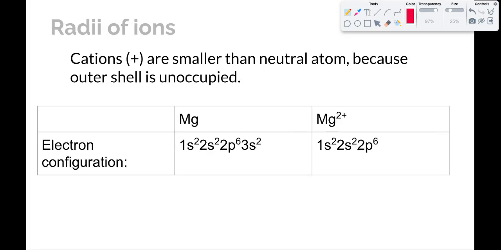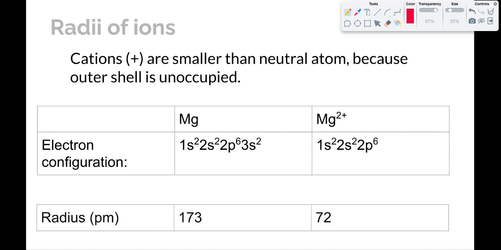And so the magnesium 2+ ion is going to be a smaller entity than a magnesium atom. In fact, it's quite a bit smaller. The magnesium 2+ ion is 72 picometers, which is more typical of a period 2 element, and magnesium's radius as an unionized atom is 173 picometers.